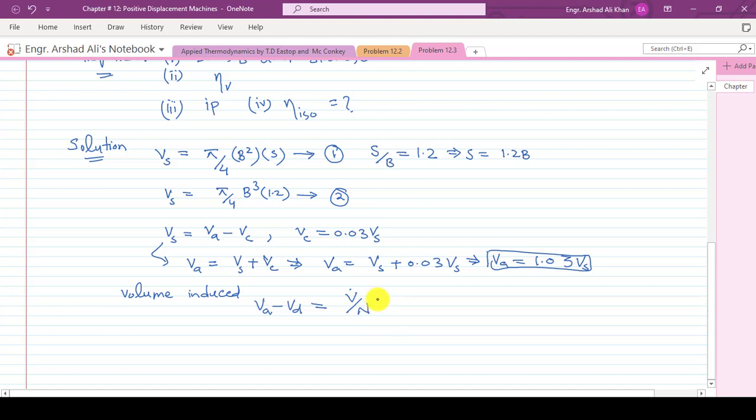So from this, VA minus VD comes equal to 0.25 divided by 1000. So it becomes equal to 0.25 into 10 raised to power minus 3 cubic meter.